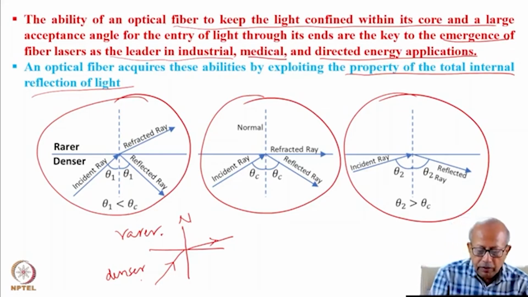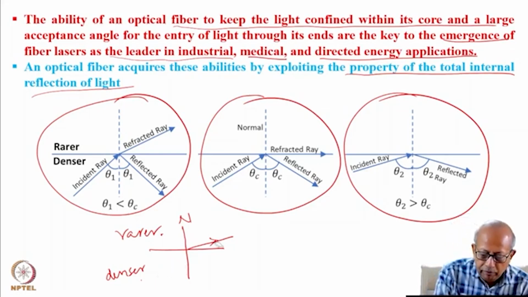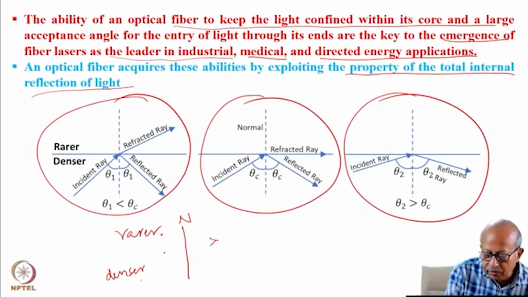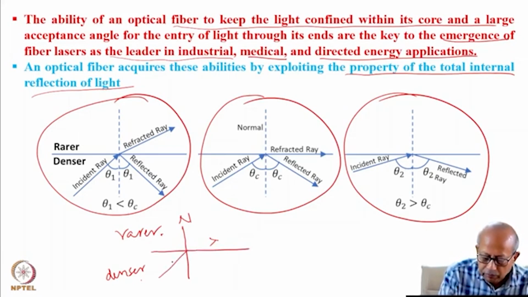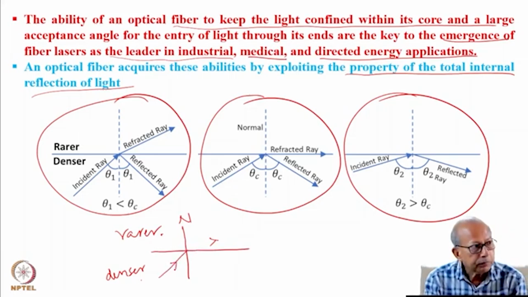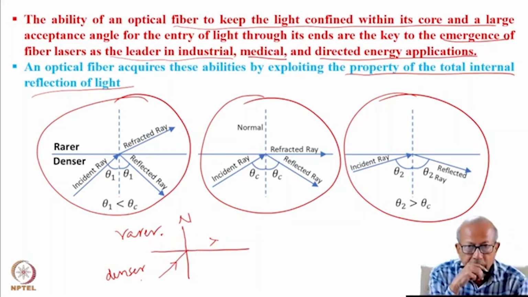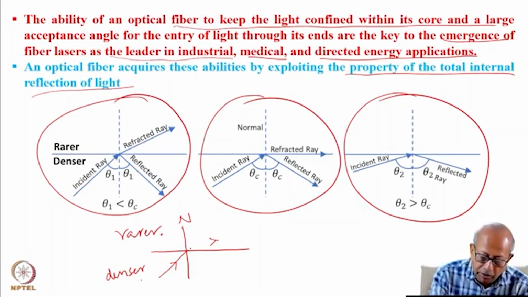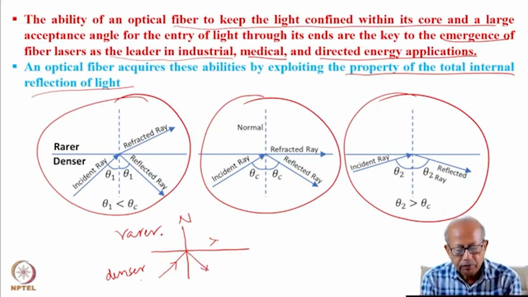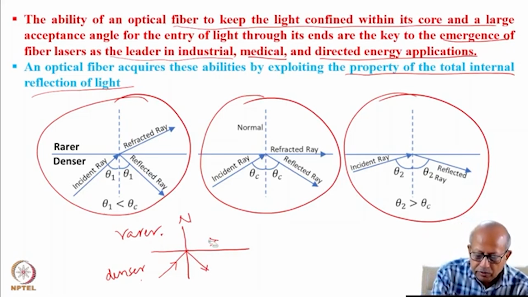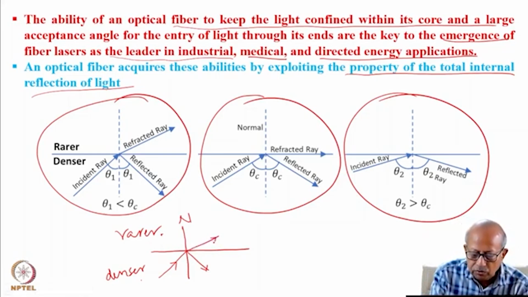You know that when light falls on an interface, a part of light is reflected back into the incident medium, and the rest of the light is refracted into the second medium.